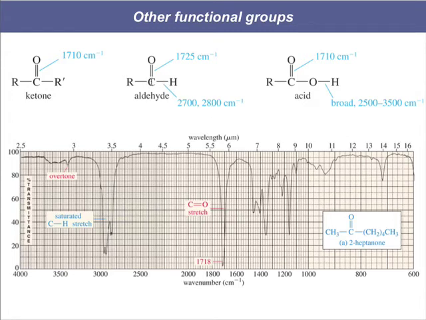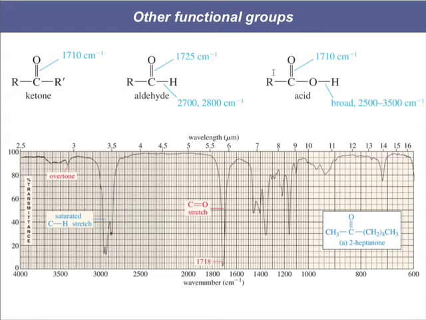Remember before, our sp2 hybridized carbon-hydrogen stretches were a little bit above 3000 when they were part of an alkene. But when they're part of an aldehyde, we see two vibrations at 2700 and 2800, and our carbonyl is a little bit higher frequency.